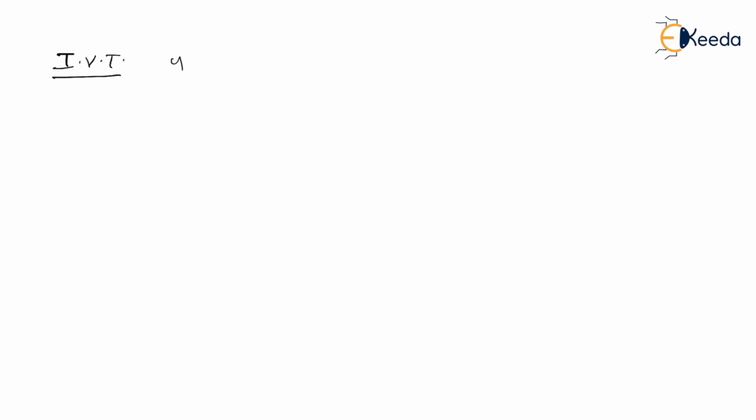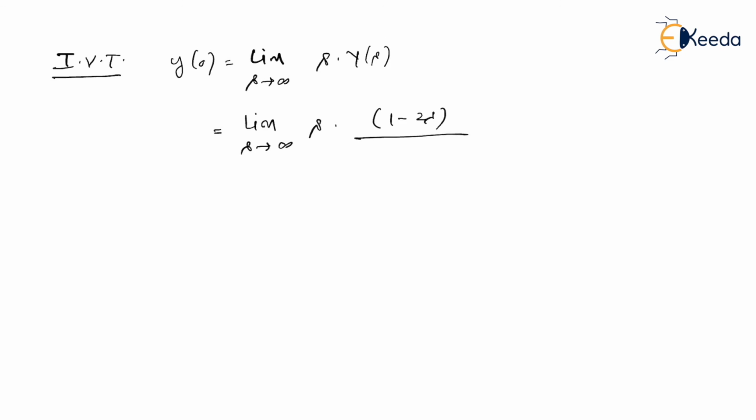So what I need to do is apply the initial value theorem now. By the initial value theorem, y of 0 is always limit s tends to infinity of s times Y(s), which is equal to limit when s tends to infinity of s times, let us substitute the value of Y(s), (1 - 2s) divided by (1 + s) into s. So again s gets cancelled. We know how to solve this problem.